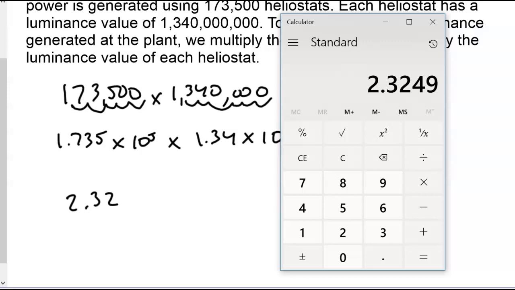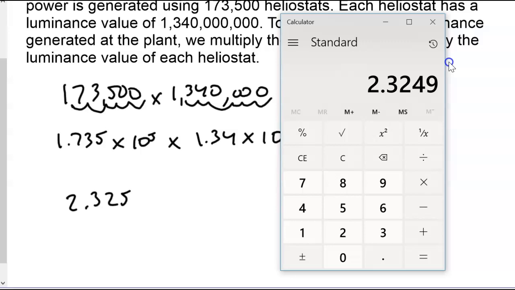Now remember, our significant value is only 3 places, so we need to round that to 2.325. And if you need to remember significant values, you can go back to Module 3, I believe it is, to look and review significant values.